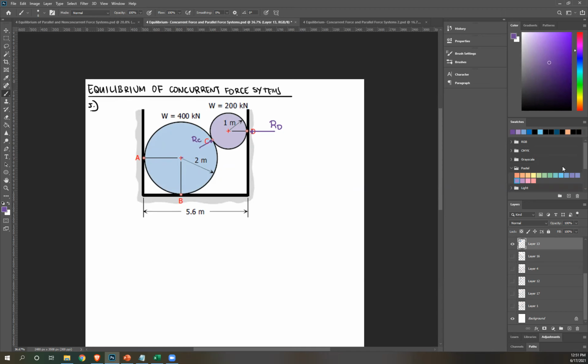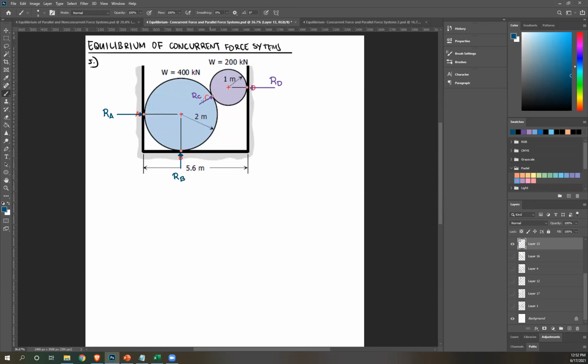Okay. And then let's do the same for this. So we have this A towards your cylinder. Let's call this RA. We have this other one, B, again towards your object. So this is RB. And then we also have this, right? This cylinder now experiences a normal force from this purple cylinder.